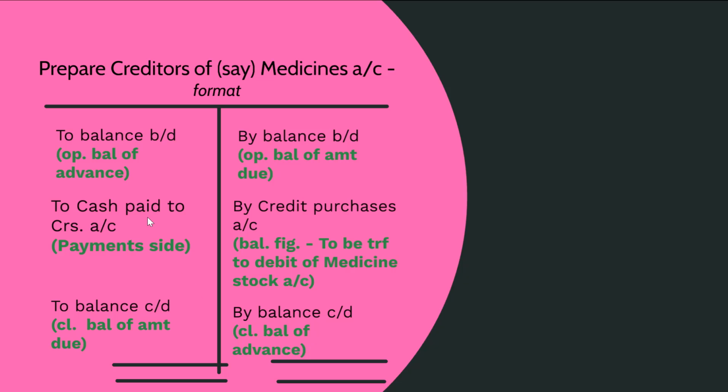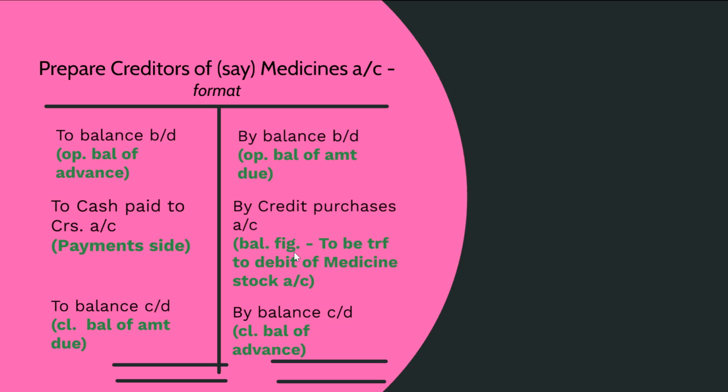Any cash paid to creditors will be shown in the payment side of the receipts and payments account, and the information can be obtained from there. The balancing figure of creditors for medicines account is credit purchases by credit purchases account, and this amount has to be debited to the stock of medicines account.